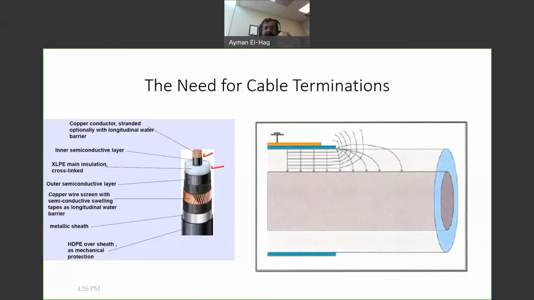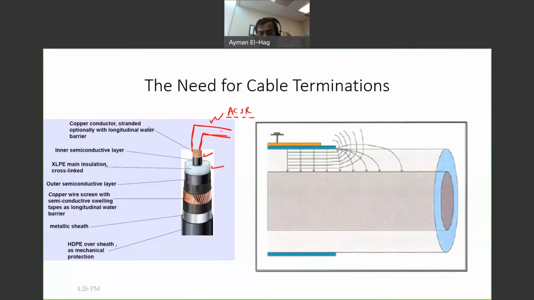So what's wrong if I take this cable and connect it directly to the overhead line conductor? This is our ACSR, aluminum conductor steel reinforced, and that's it. So why do I have to worry about the stress grading material?